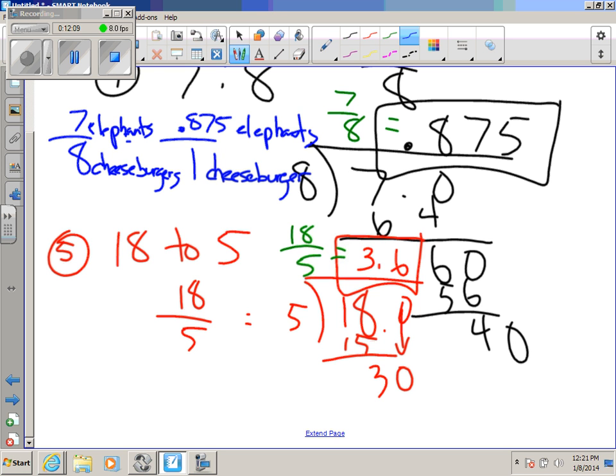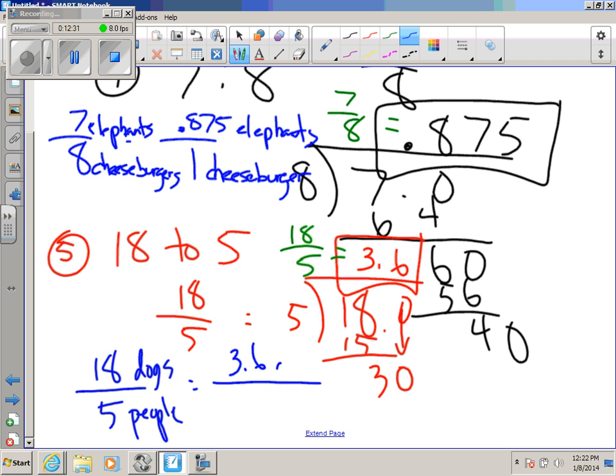If I were to put that into a decimal, it's almost 1-to-1, almost even, 7 to 8, almost even, not quite. Here, again, 18 to 5, if I said dogs to people, what am I really saying? 3.6 dogs per 1 person, okay?